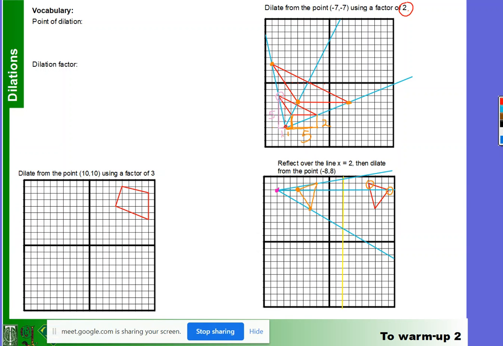So then you would find the number of points away each one is from the center of dilation. So for the first one, I said it was 3 points over and 0 up. Okay. And then you would do that times 2 each one. Okay. So 3 times 2 is 6 and 0 times 2 is 0. So you would go over 6. Perfect.